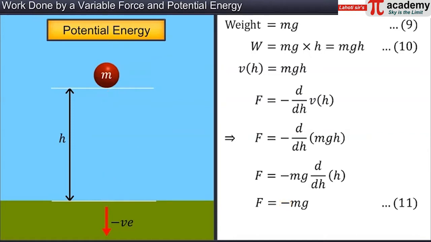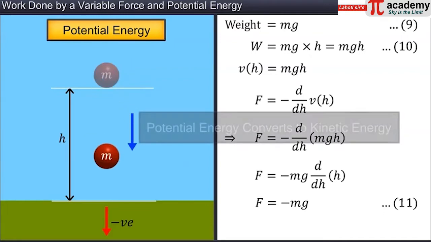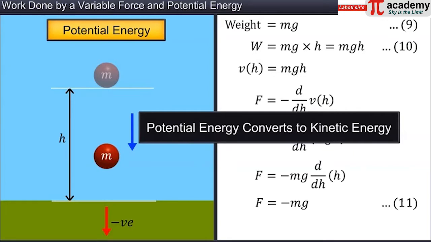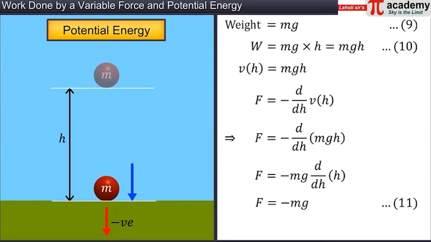Hence, when released, the body comes down with increasing speed, converting its potential energy into kinetic energy. The body strikes the ground with the velocity v, denoted by the expression v square is equal to 2gh.